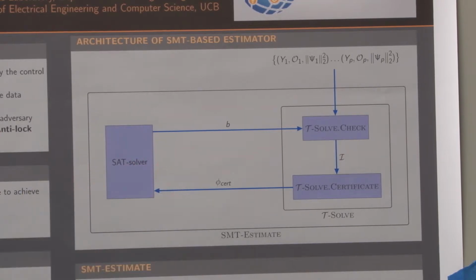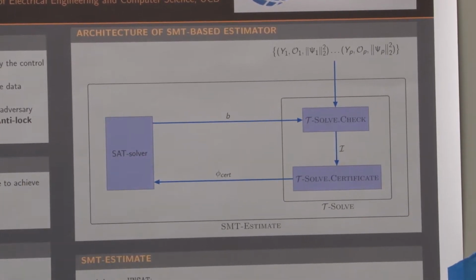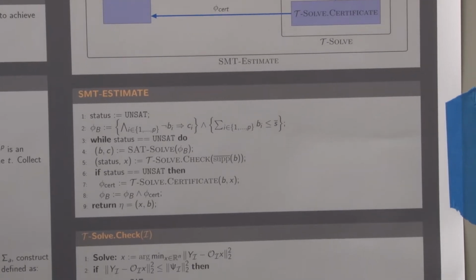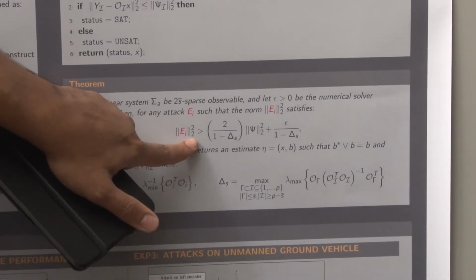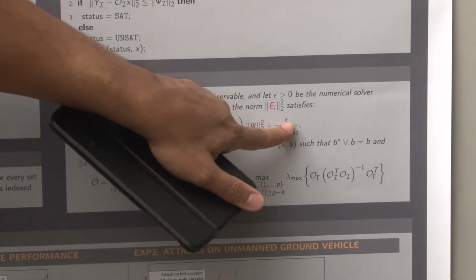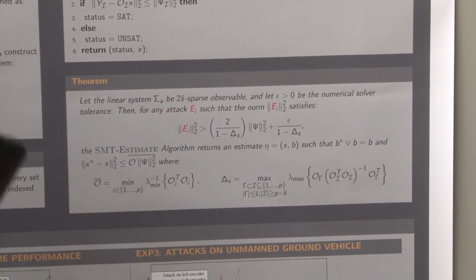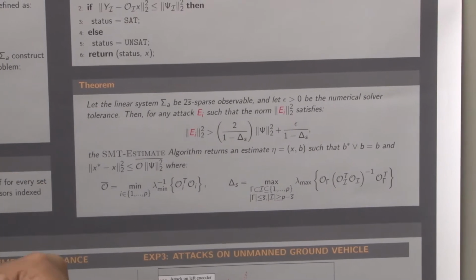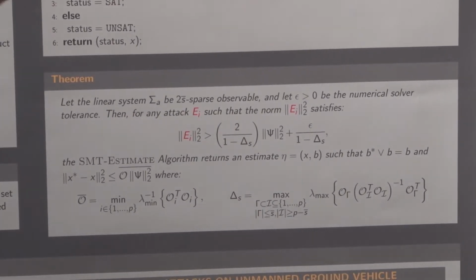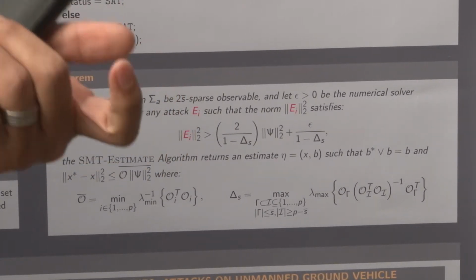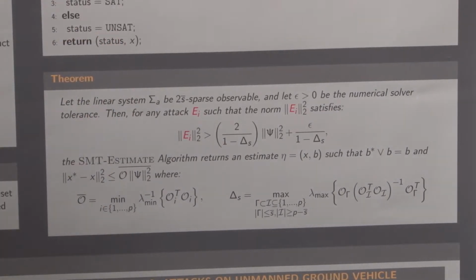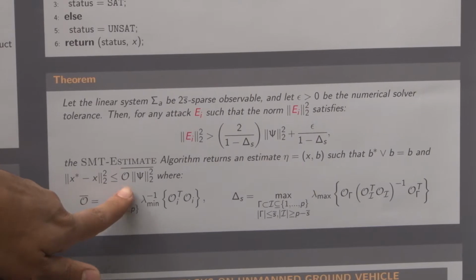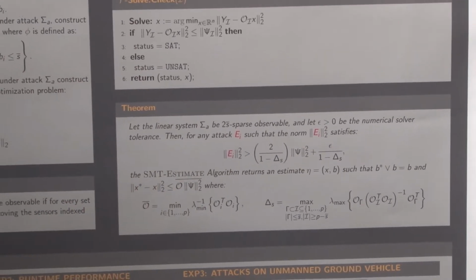We implemented this SMT solver, and here are our theoretical results, saying that whenever the energy in your attack is bounded away by these variables, then our SMT solver is always going to detect such an attack. Suppose that the attacker puts a very small attack that is comparable to the noise level. Then we have another theorem saying how much the estimation error is going to be bounded.